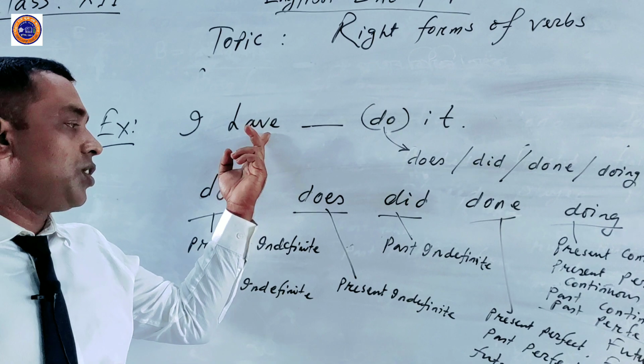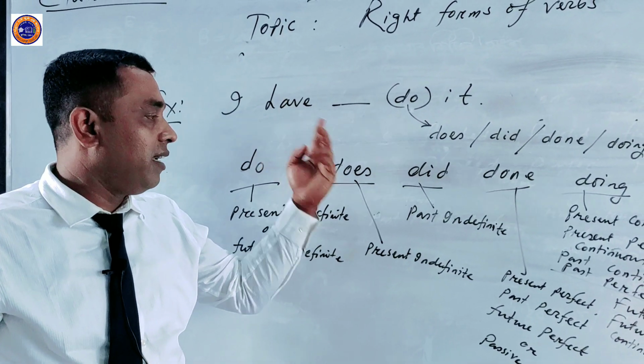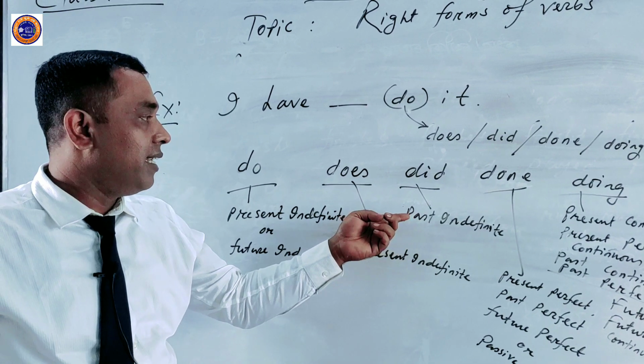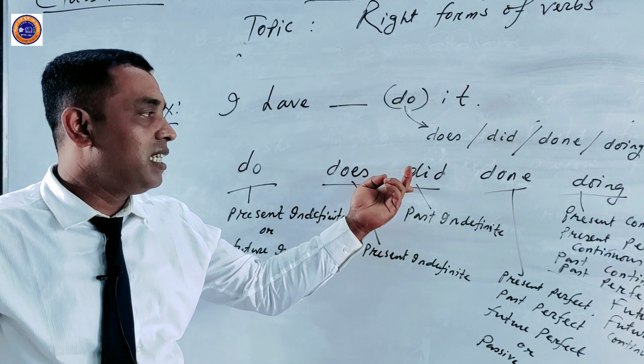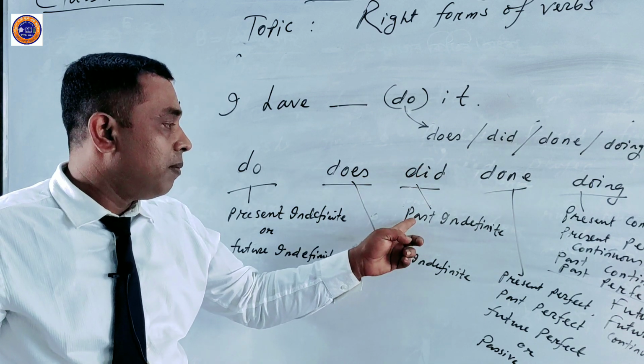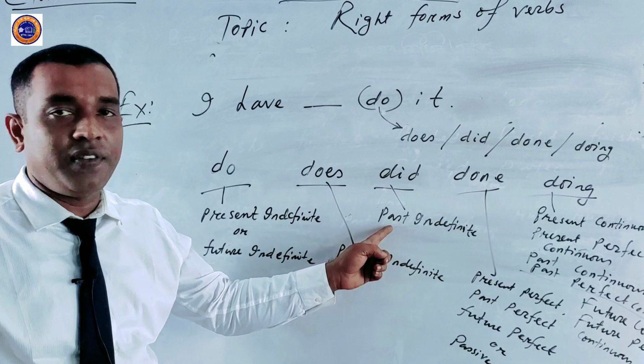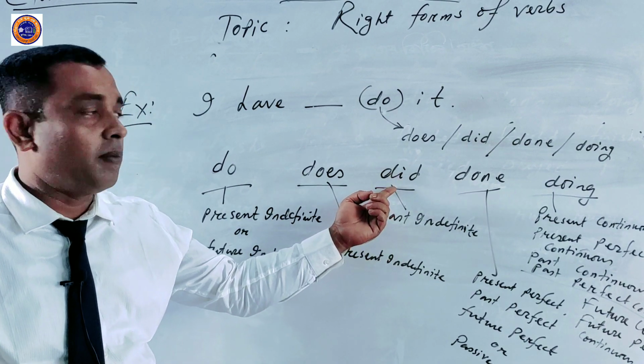If the sentence gives any kind of indication of being a past indefinite tense, then you have to use the past form. If the sentence is a sentence of past indefinite tense, then you have to use the past form of the verb.